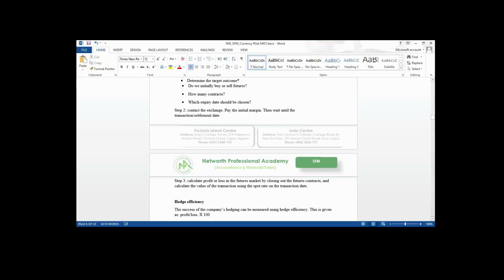In 99% of cases, you are not going to be given the closing futures price. You need to estimate the closing futures price yourself. Even in practice, the closing futures price is not available at the commencement of the hedging.